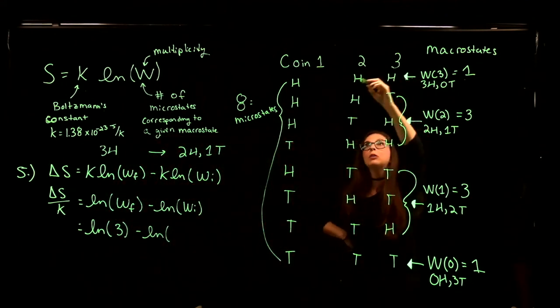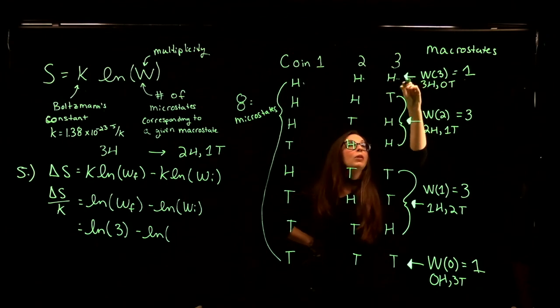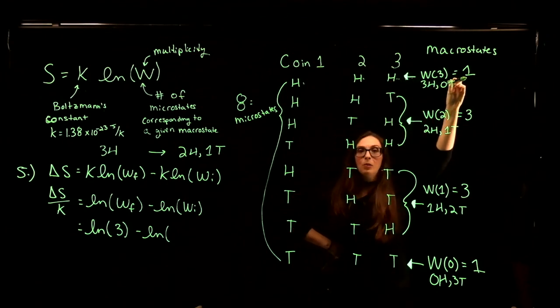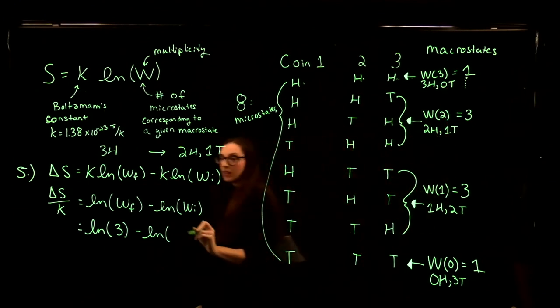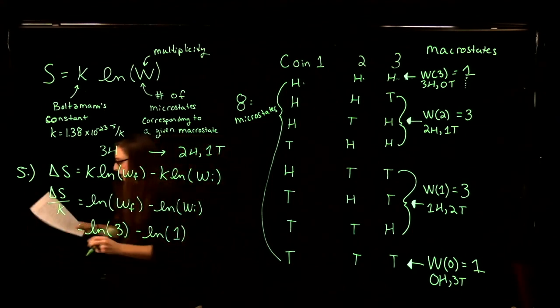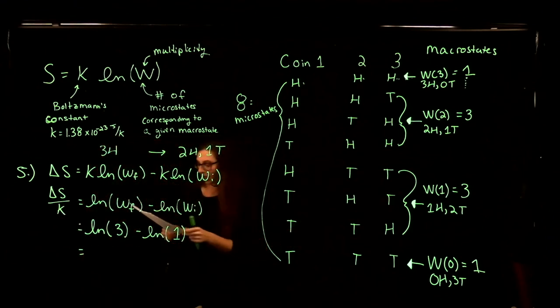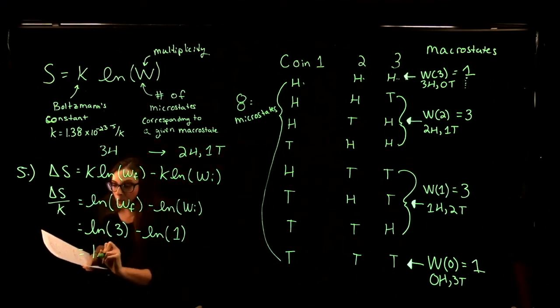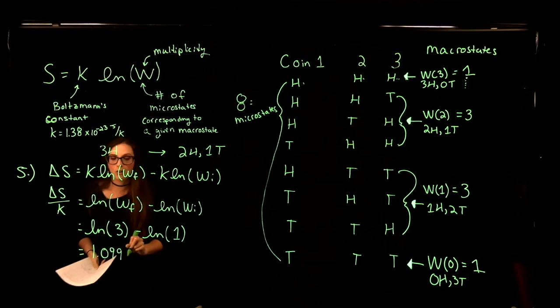So up here with my macro state, I see that for the possible combinations I can do to get all 3 heads within that macro state, there's only one possible way. So within that macro state, there's only one microstate. The multiplicity of that macro state is only 1. So I come over here and I put in 1 right there. Okay? So then I take natural log of 3 minus natural log of 1, and that gives me 1.099 for this quantity of the change in entropy over Boltzmann constant.